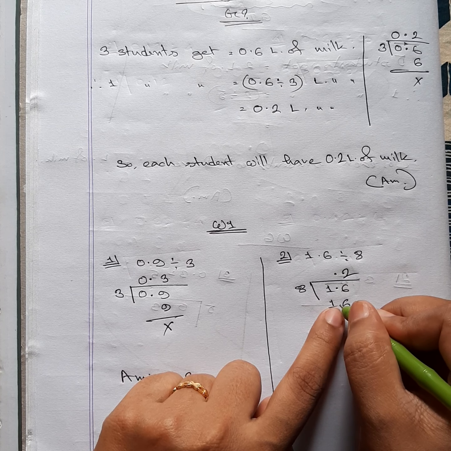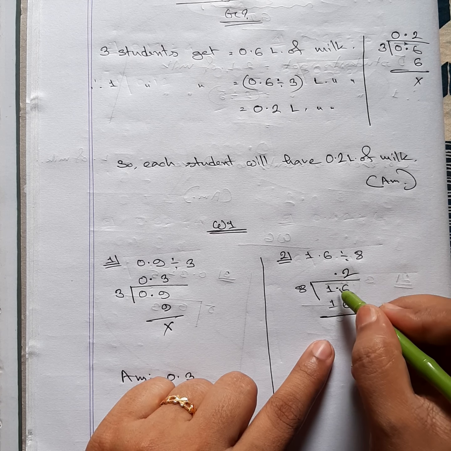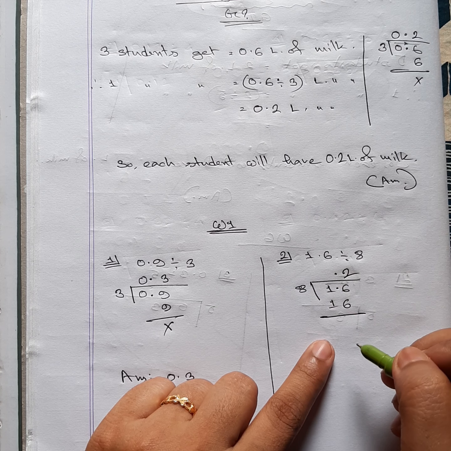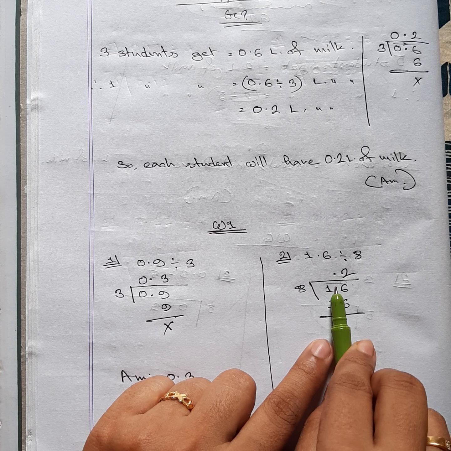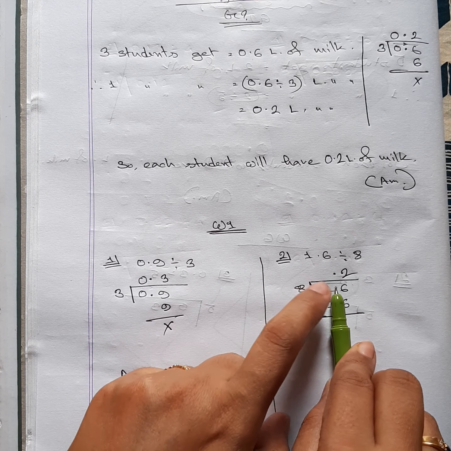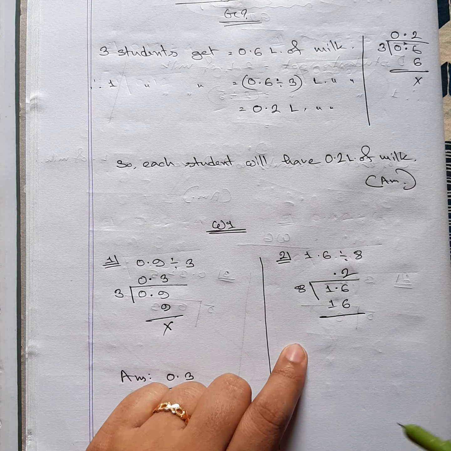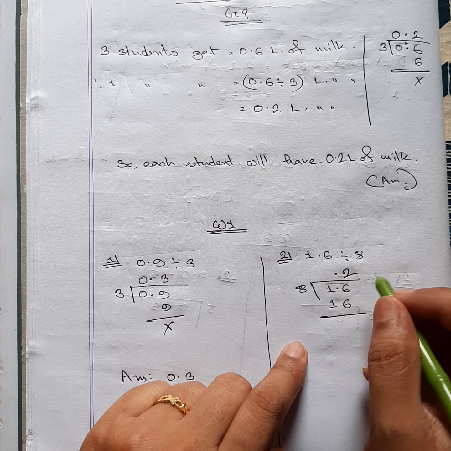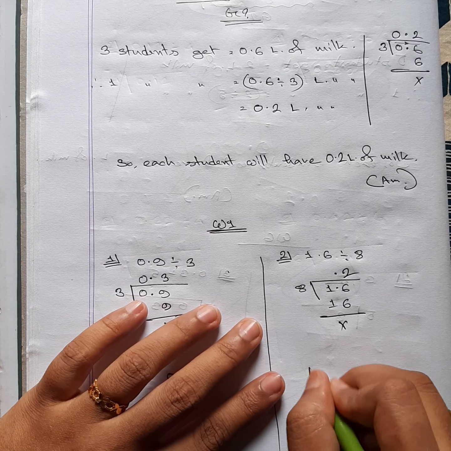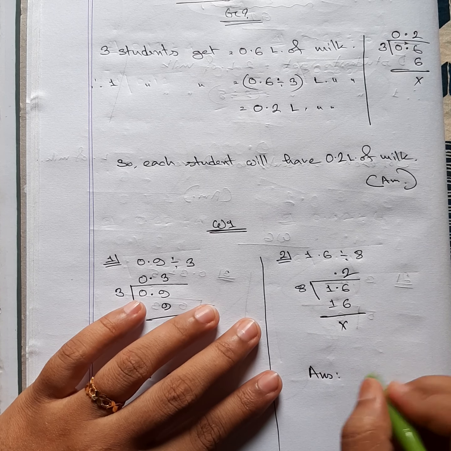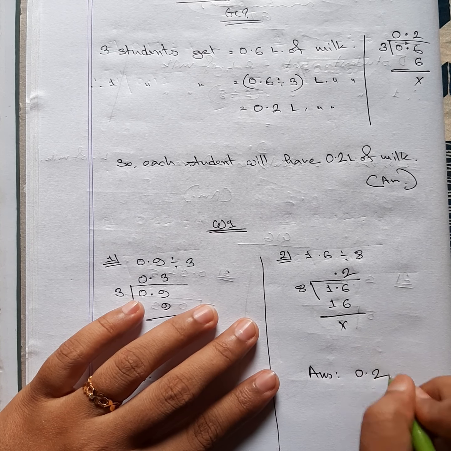Here you don't have to give any decimal, remember that, because we have taken that one and gone for that. So the number 16 can be divided by 8 for 2 times, so that's it. Your answer is 0.2.